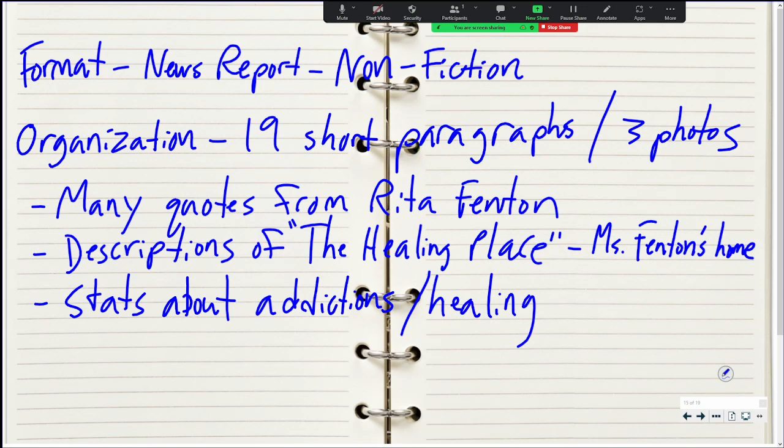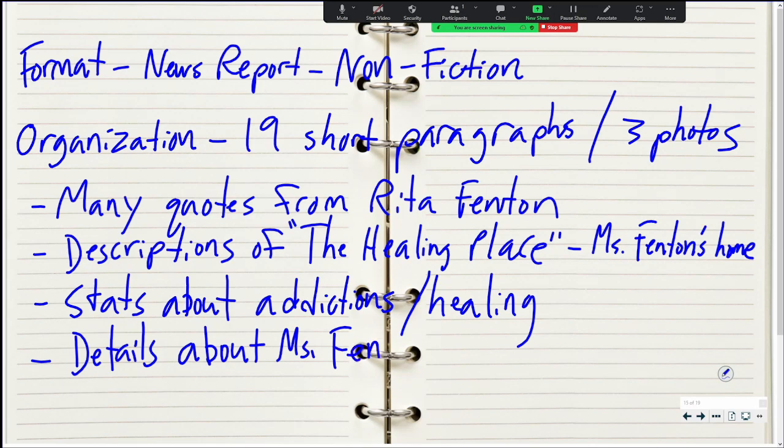And what else do we have? So we have many quotes from Rita Fenton. We have descriptions of the healing place. We have details about Miss Fenton's life.